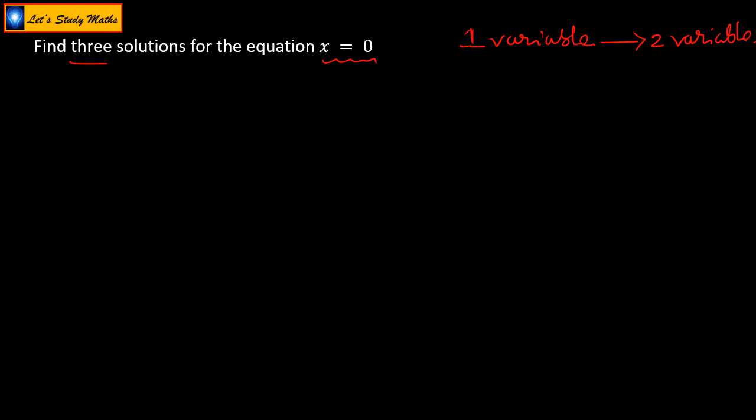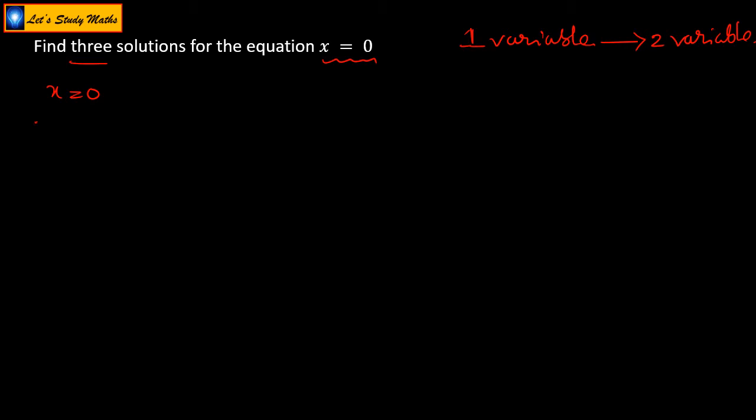So we'll write the equation first. x is equal to 0. So x equal to 0 is an equation in one variable. It will have only one solution, but the question here is to find three solutions. So to find three solutions, we need to convert it from one variable to two variables. How to convert? Just see here, x equal to 0 is the given equation.